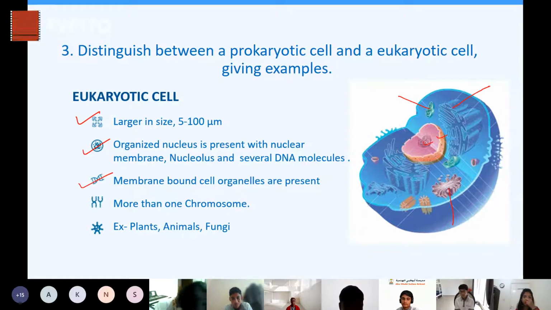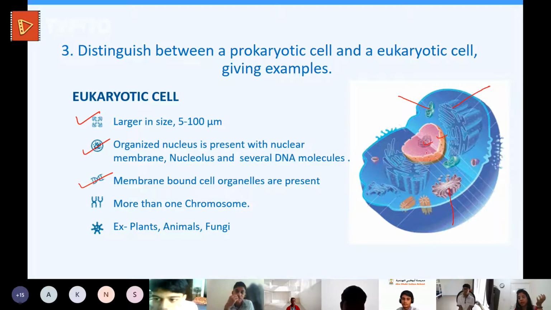And if you see inside the nucleus, so many chromosomes are there. If it is my cell, then I can see 46 chromosomes in that. If it is a chimpanzee's cell, then I would see 48 chromosomes. Which organisms have these eukaryotic cells? Plants, animals and fungi.